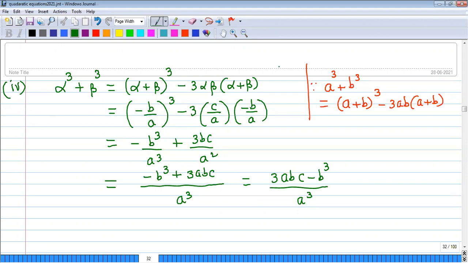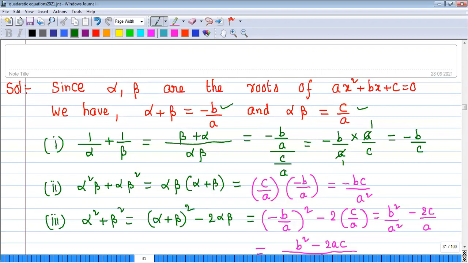What will be the fifth one? Show the previous page, sir. 1 by alpha square plus 1 by beta square. Right. Next question. Sir, I have a doubt, sir. Okay, you can ask your doubt.